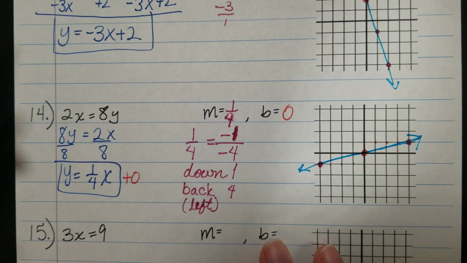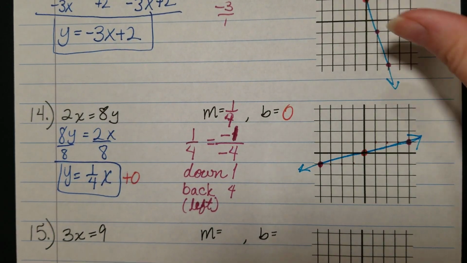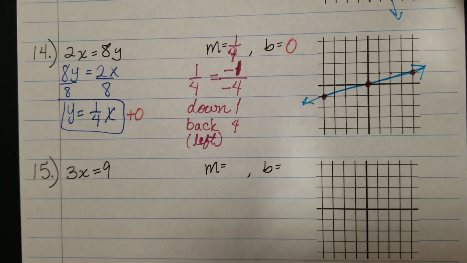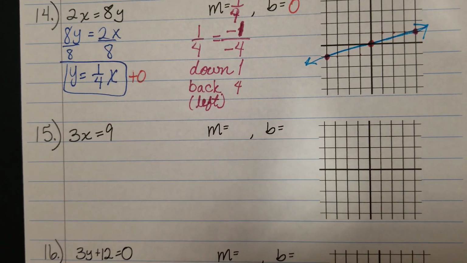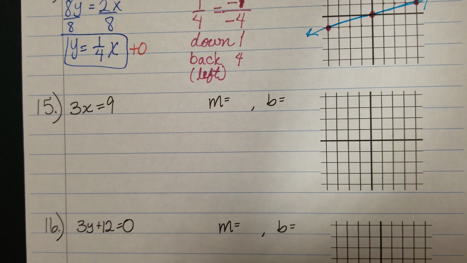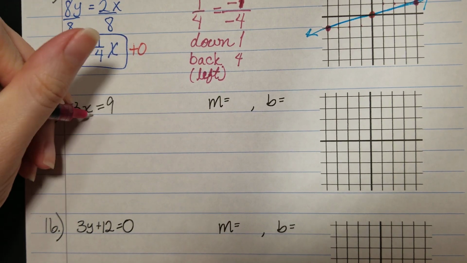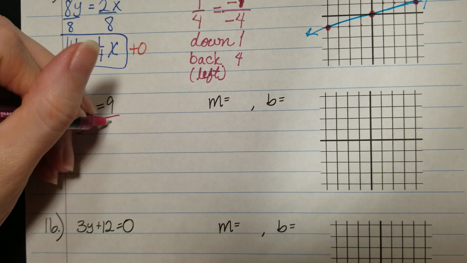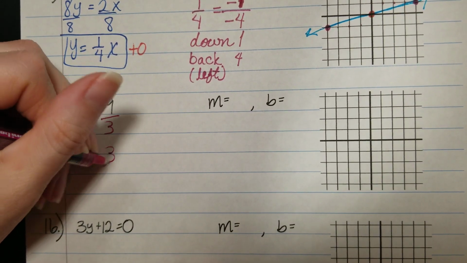All right. Number 15. 3x equals 9. So I don't have a y to solve for, so I'll just go ahead and solve for x. Divide both sides by 3. Gives me x equals 3.